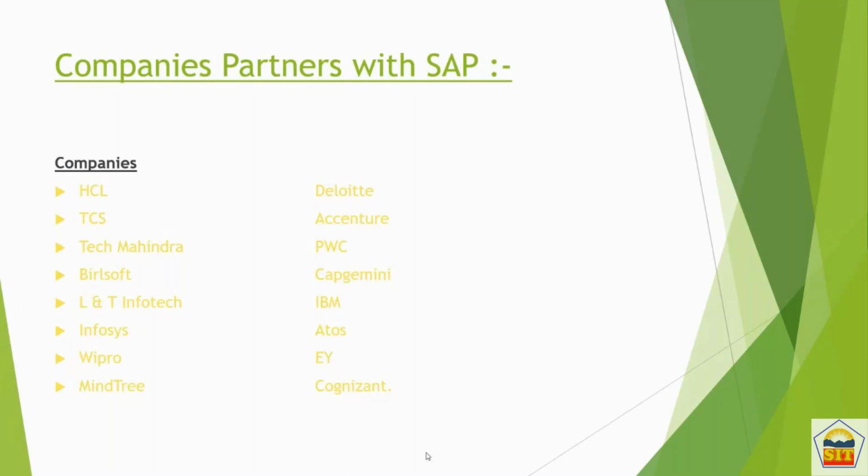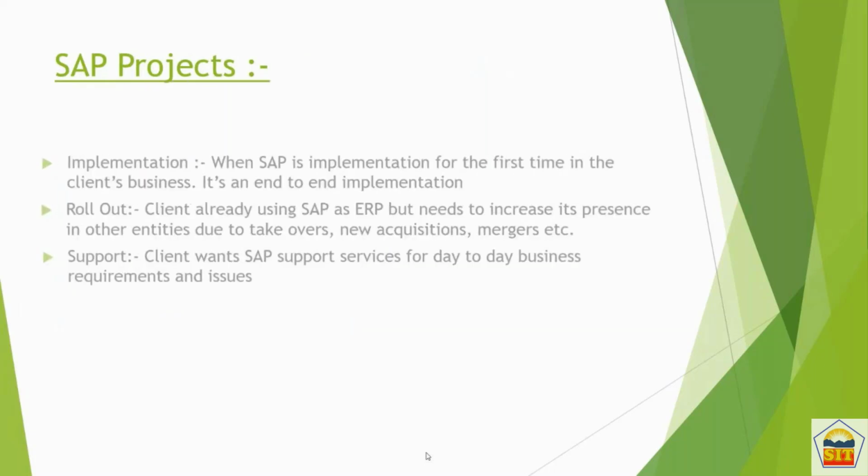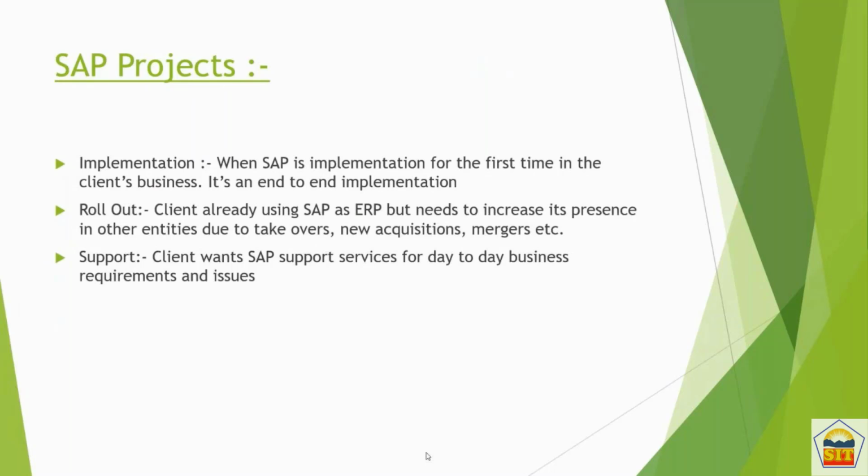We have Deloitte, Accenture, PwC, Capgemini, then HCL, TCS. All these IT companies provide the SAP solution on behalf of SAP because they are partnered with SAP. We call them business partners. Some are gold partners, some are silver partners, and all these big companies are not silver but gold partners.